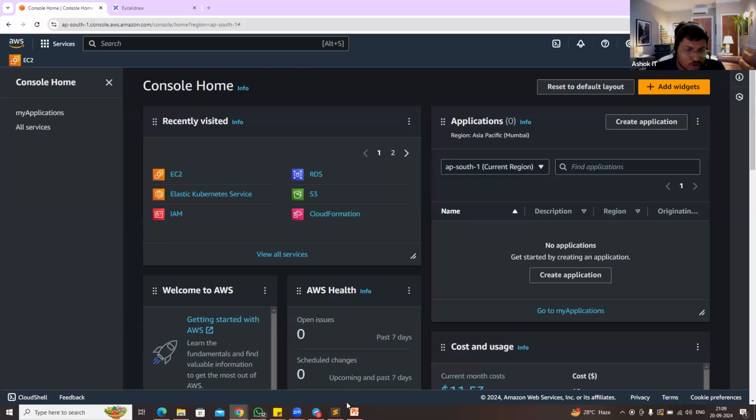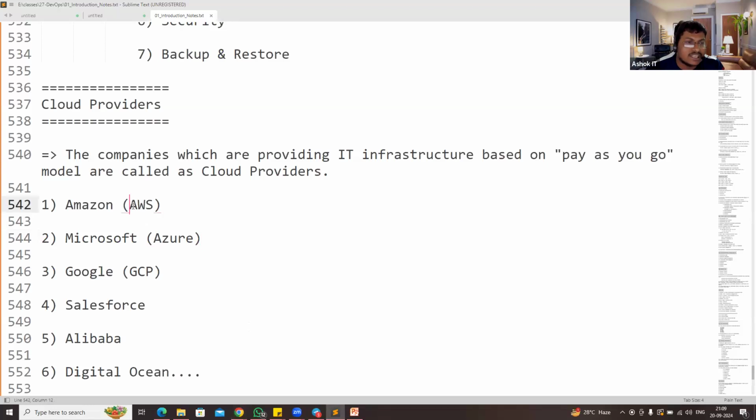Sir, you need to create an account in the AWS cloud platform, and the advantage with AWS when compared with Azure and GCP is that AWS gives some services for free for 1 year.